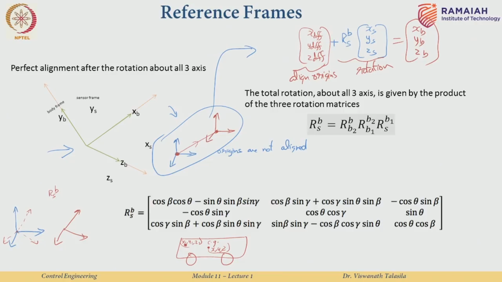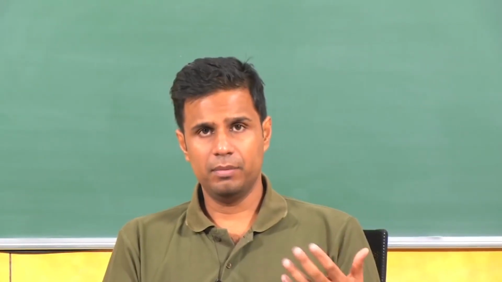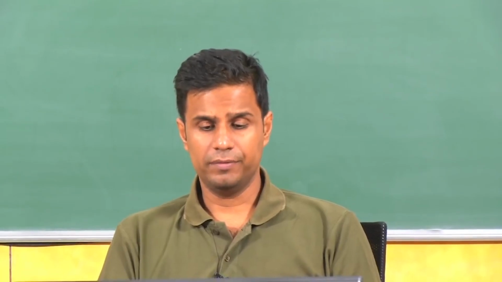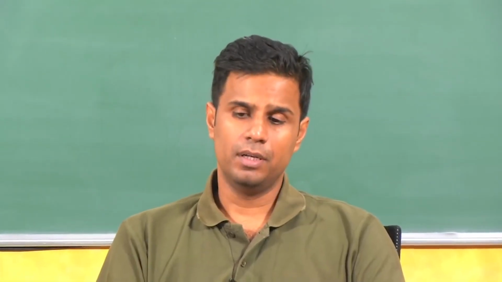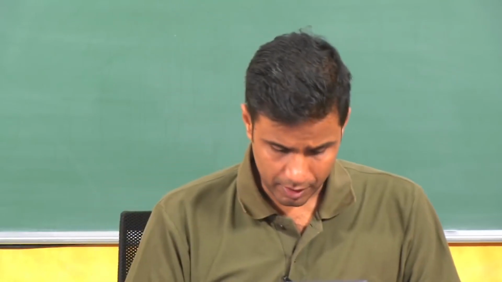So, let me try to summarize this entire story which we have been talking about, which may seem a little bit complex when you encounter it the first time. If you go through this 2 or 3 times, it is actually fairly simple. All we are doing is really just trigonometry in 3D. Let me summarize it as neatly as possible.